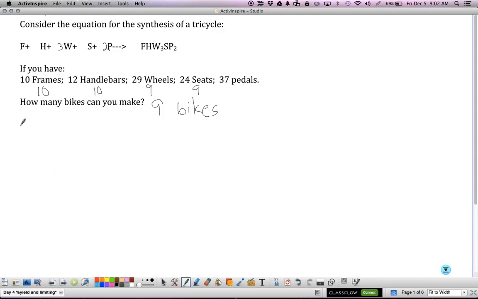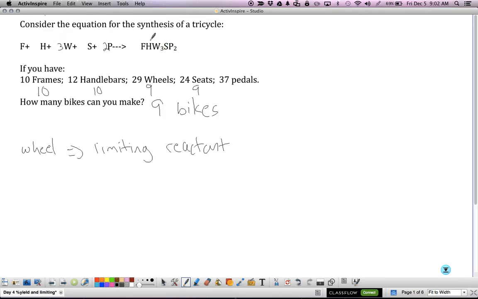Okay? So in this case, we say that the wheel is what's called the limiting reactant. The number of wheels that you have limits the number of tricycles that you can make.